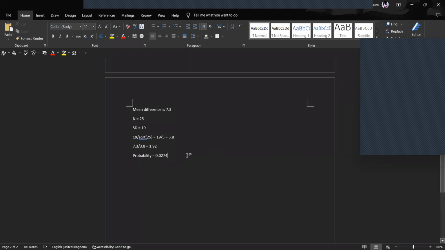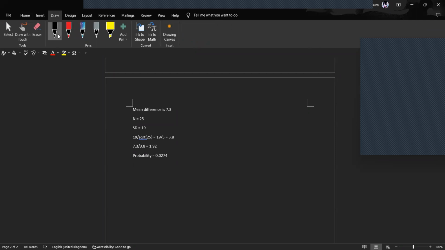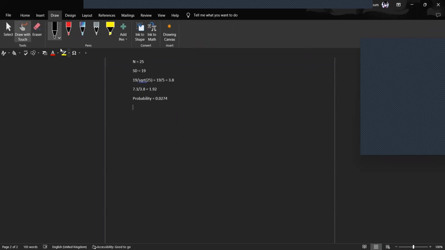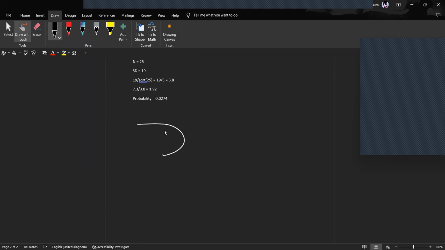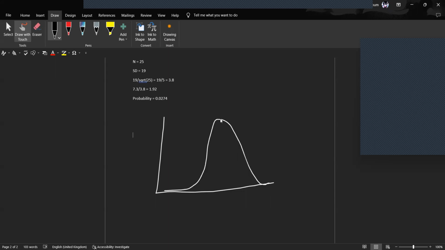Okay, so once we have this probability, we want to multiply it by 2. Why are we multiplying it by 2? Well, if I use awful handwriting to draw a graph, other than looking horrible, what that's going to look like is this.